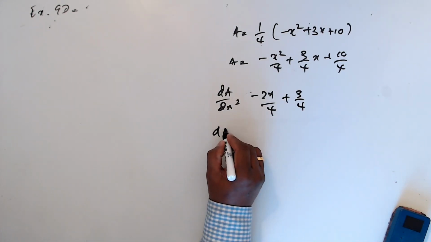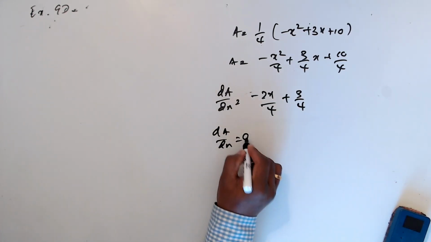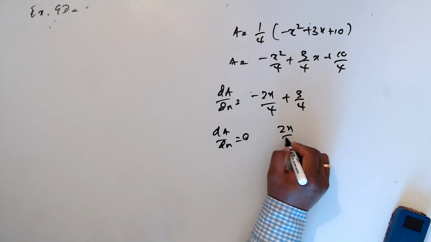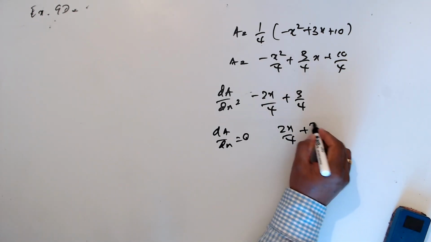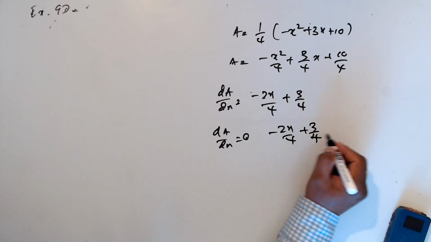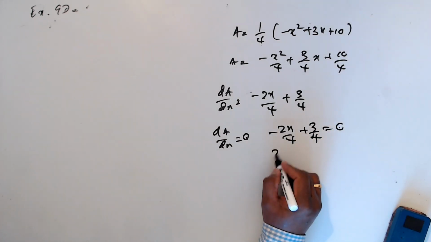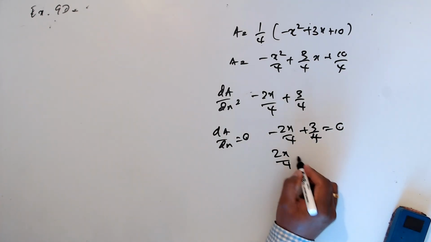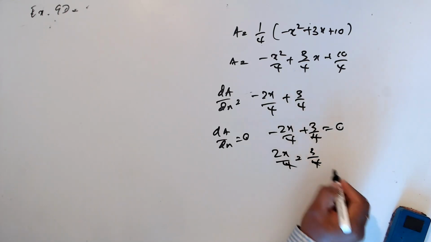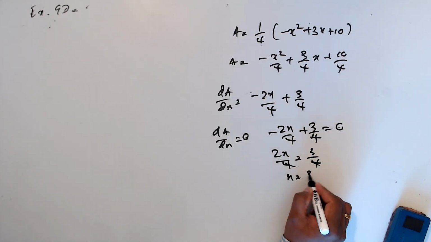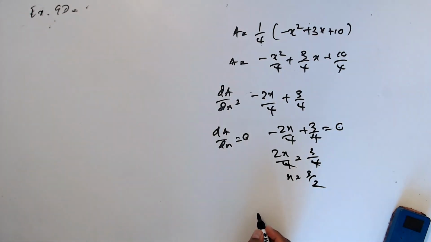Then dA over dx equals 0. Then minus 2x over 4 plus 3 over 4 equals 0. Then 2x over 4 equals 3 over 4. This cancels out. x equals 3 over 2.